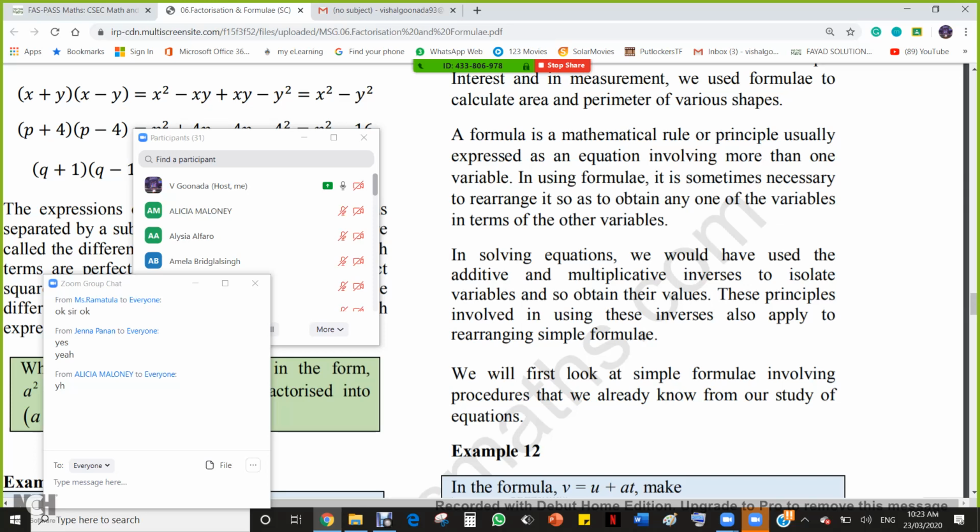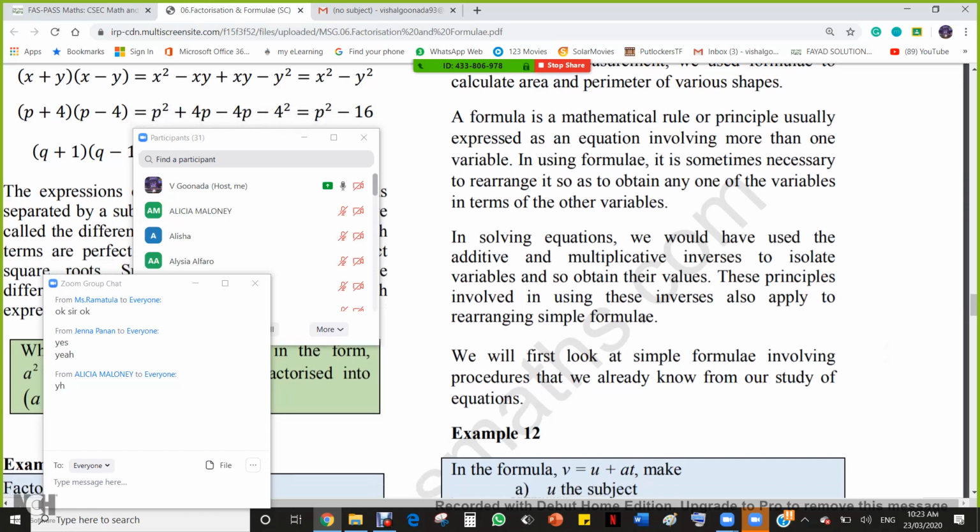In using formulae, it is sometimes necessary to rearrange it to obtain any one of the variables in terms of the other. In solving equations, we would have used the additive and multiplicative inverse to isolate variables. In other words, I would have shown you all how to throw things across the formula. So let's look at the first one.